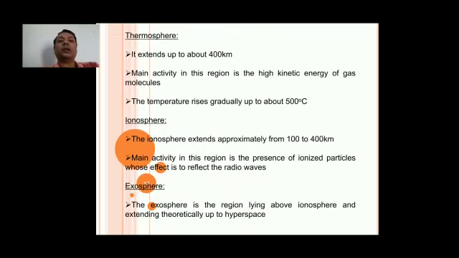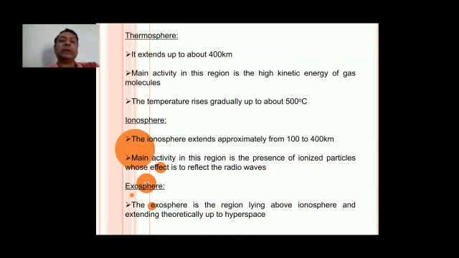Thermosphere. It extends up to about 400 km. Main activity in this region is the high kinetic energy of gas molecules. The temperature rises gradually up to about 500 degrees centigrade. Ionosphere. The ionosphere extends approximately from 100 to 400 km.